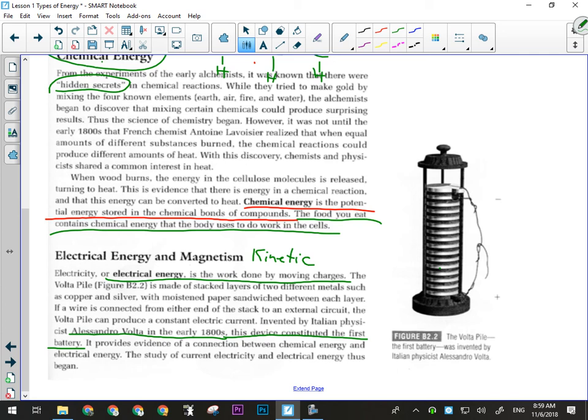That's where that came from. All right, so his battery was essentially moistened paper between stacks of different metals. Different metals have different abilities to conduct electricity, so electrons would flow through them. And that created a very low voltage battery.